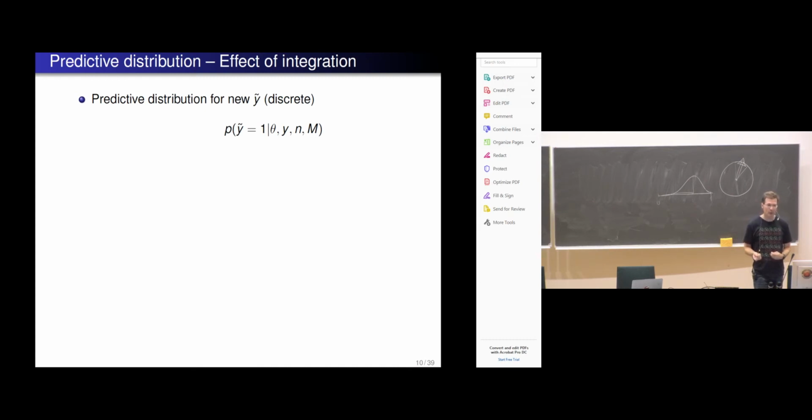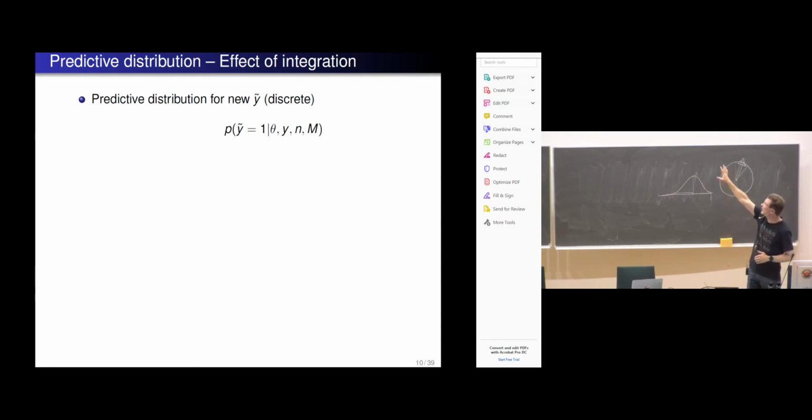If we want to predict the distribution for a new y tilde, this could be, for example, the distribution for how many reds we observe when we pick the next one, or in this case, the probability that y tilde is one red with one extra pick.